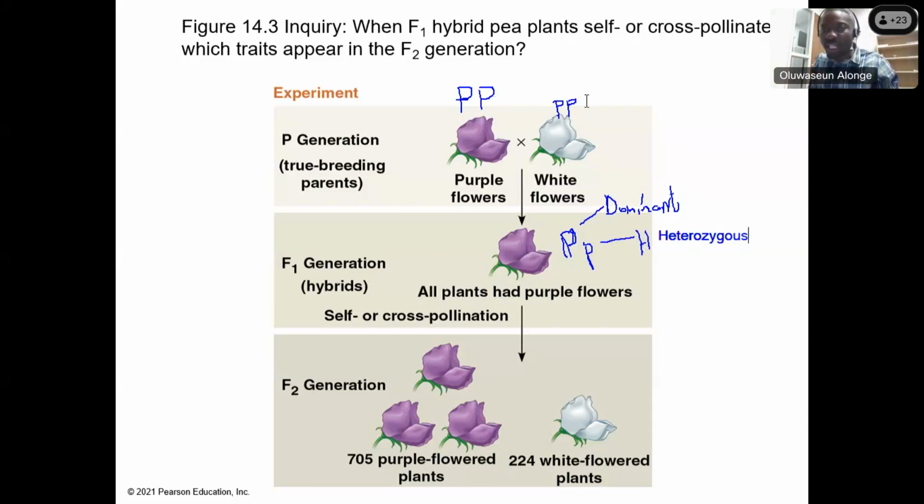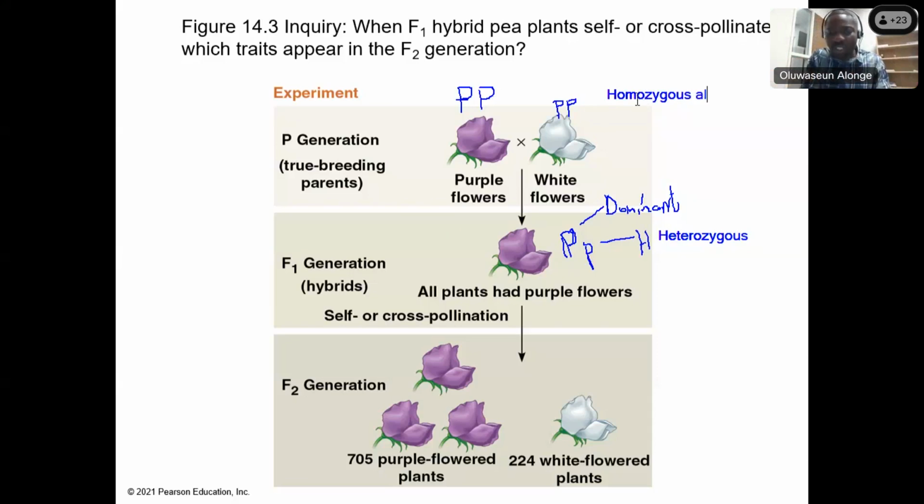And we say that these guys up here, both of them are homozygous. Homozygous because they have the same lowercase p, and the one that is purple also has the same uppercase p. So they have the same gene. Now, don't forget, this is allele.